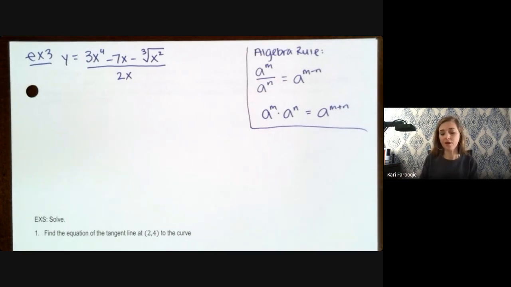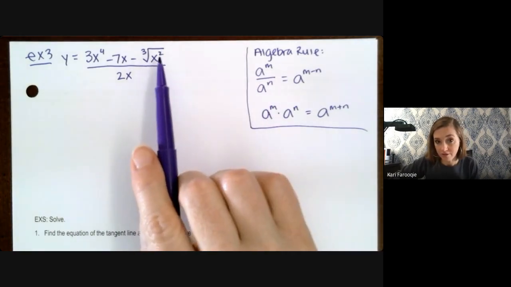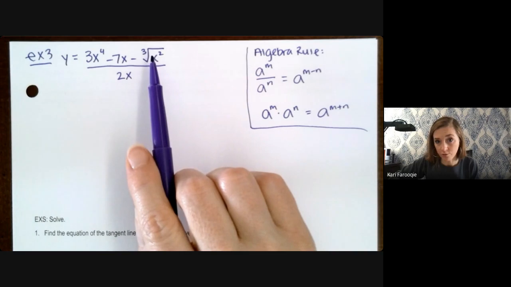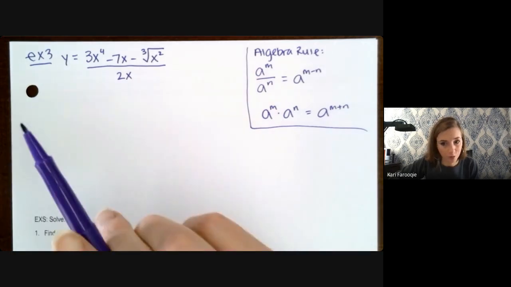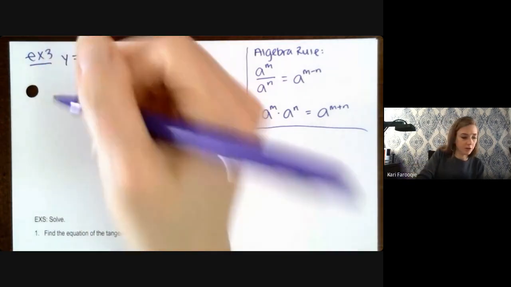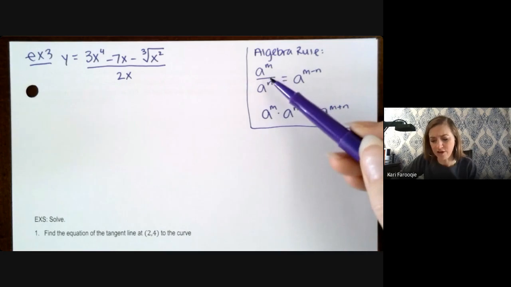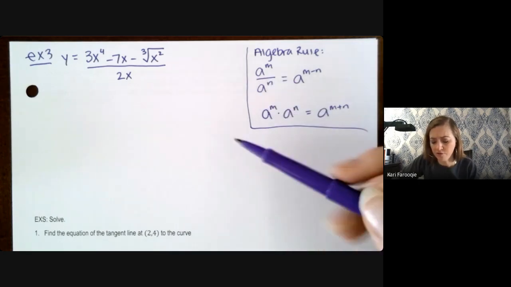Okay. So I got to do a couple of things. If I'm going to use this algebra rule, I really need to have this expression, the cube root of x squared, written with a rational exponent. A rational exponent means a fractional exponent. So I'm going to rewrite this a little bit, and then we're going to use this rule. Now, if you're asking, wait a second, how can we use this rule? We don't always have the same base.